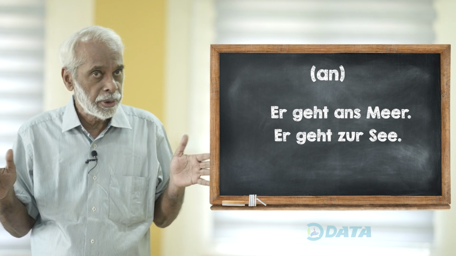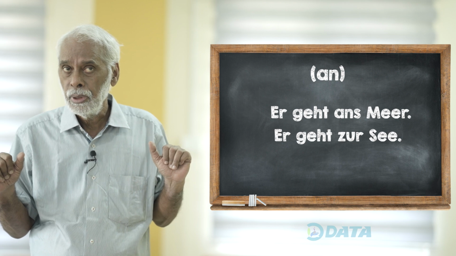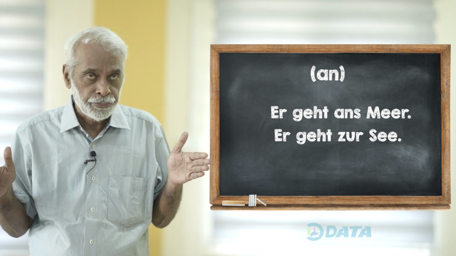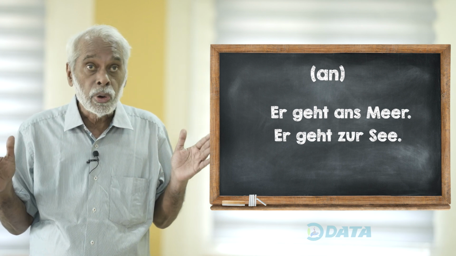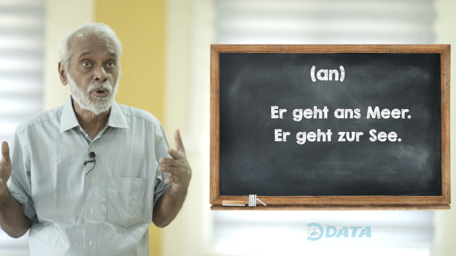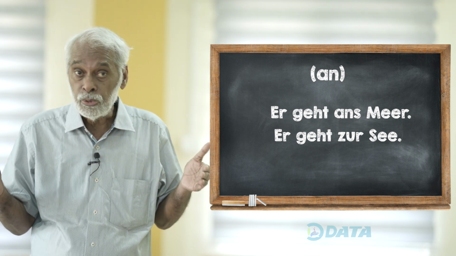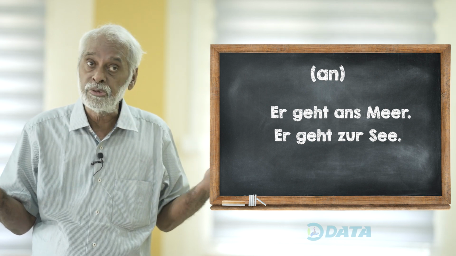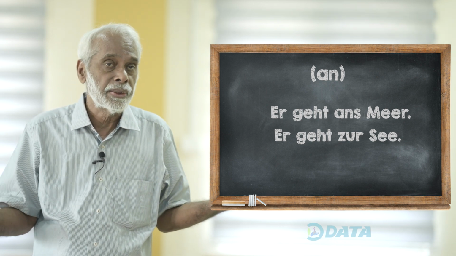You have to learn it like that, no explanation. Geht ans Meer, he is going to the sea. Geht zur See. So when you use Meer, it is always an. When you use See, it is zu. Why? No explanation, just learn it like that.